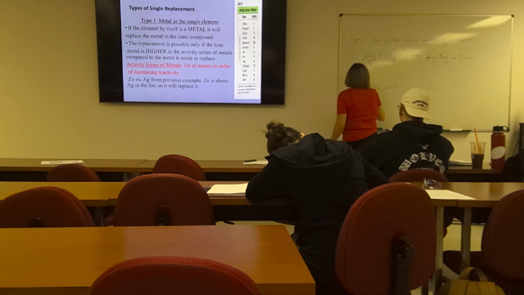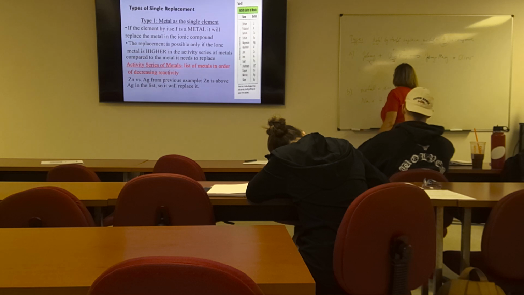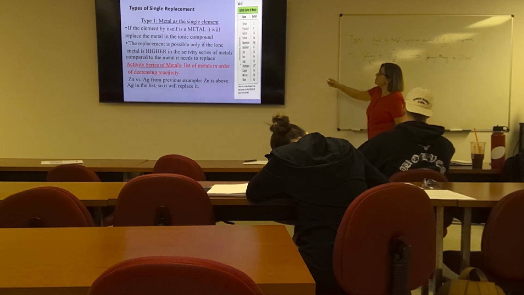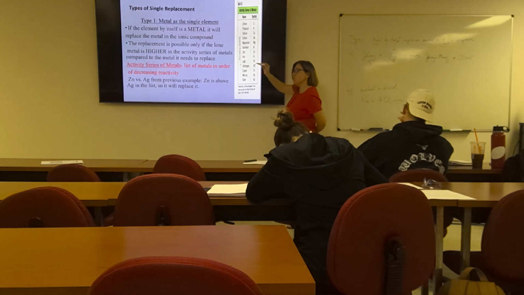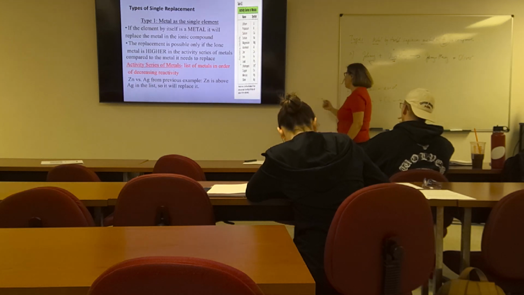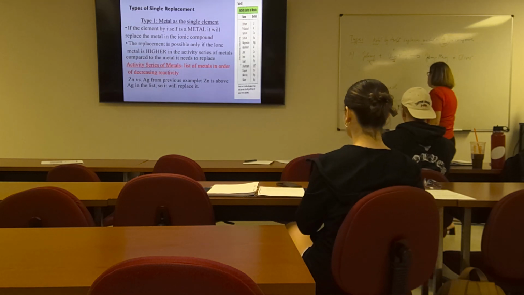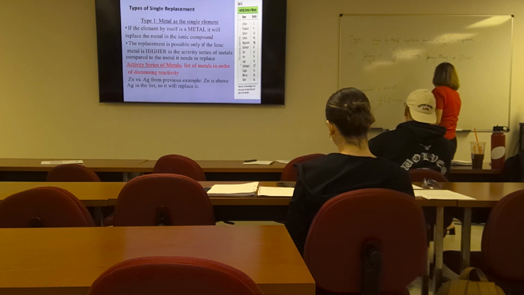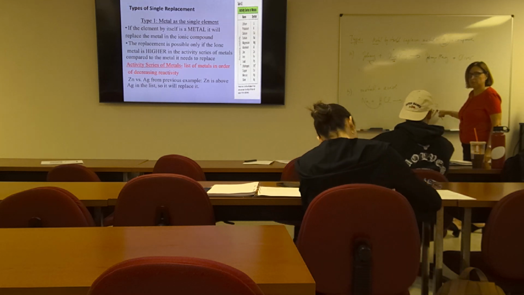So if I'm having something like this, I have let's say sodium that reacts with hydrochloric acid. You compare sodium, which is up here, and look at hydrogen, which is down here. So sodium will switch with hydrochloric acid. So sodium switches the places. You're going to have sodium chloride, and then hydrogen, like H, will turn into H2 because it's a diatomic molecule.